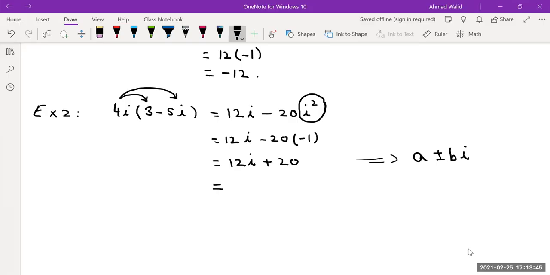Instead of writing 12i plus 20, I will write 20 plus 12i to be in this form. If your answer is 12i plus 20, it doesn't mean that you did wrong. It's not wrong, but everyone wants to write a complex number in the required form, which is a plus or minus bi. Correct?